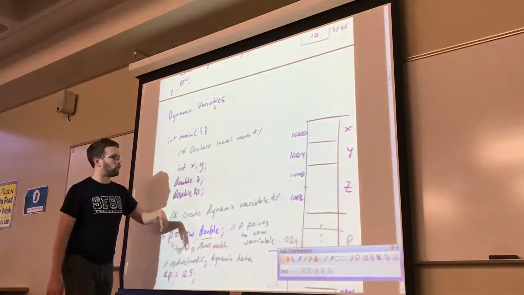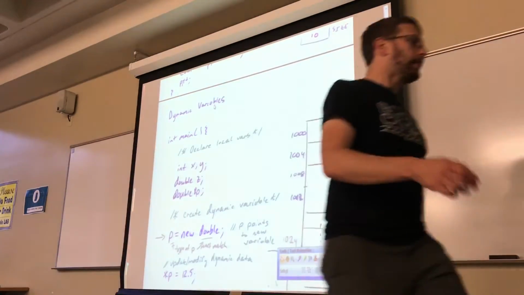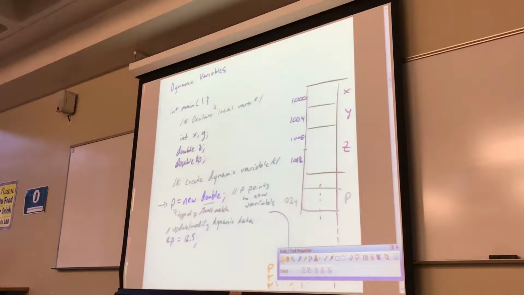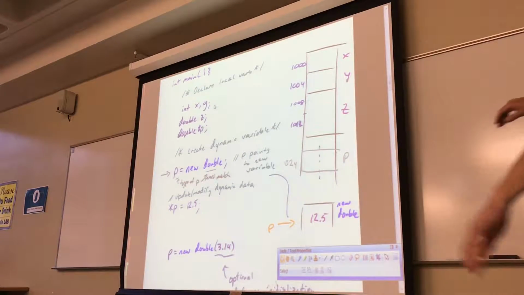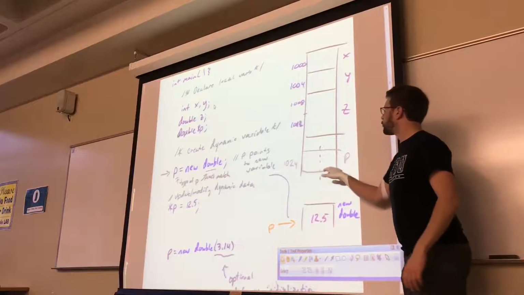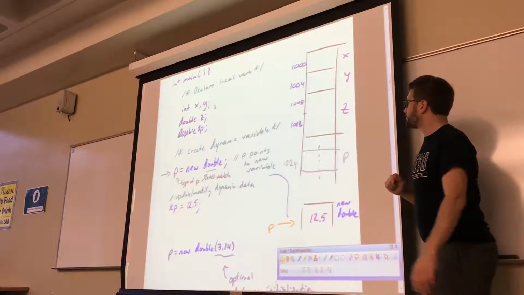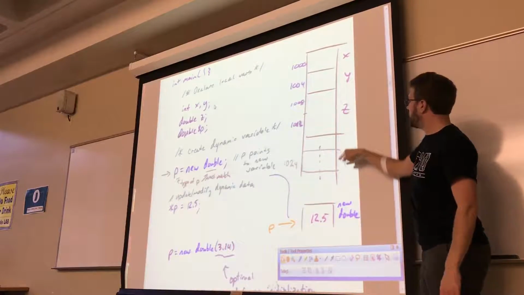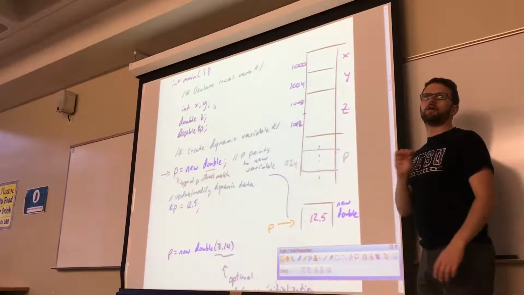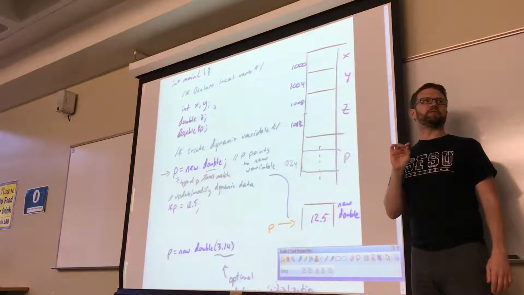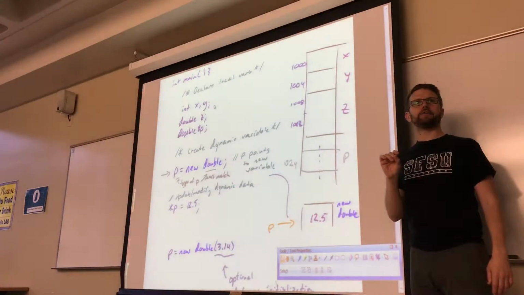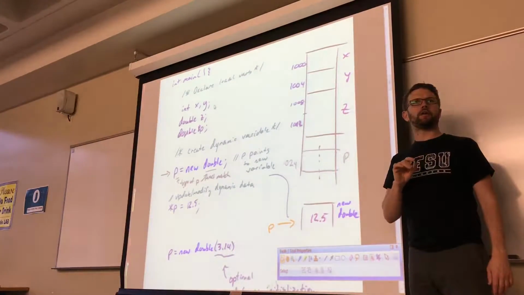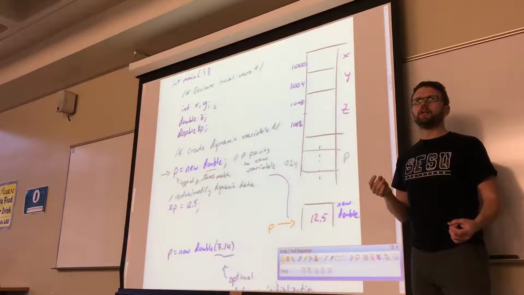We create a double pointer called P, and it lives at, let's say, memory location 1024. So all of these variables, x, y, z, and p, are created statically before the program is ever run. And they are what we call static variables.